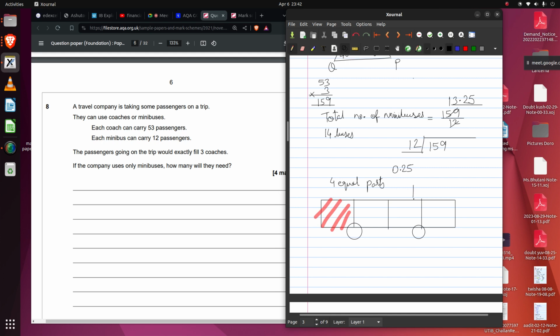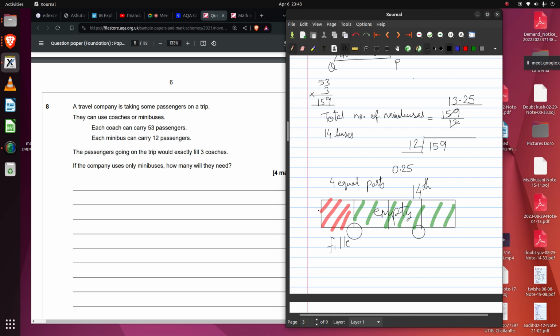Remember, this is the 14th bus. We have already considered the 13 buses and now this is the 14th bus, correct? So in the 14th bus, only 1/4 of the bus will be filled. Only 0.25 fraction of the bus will be filled. The remaining bus would be empty. Do you agree? The green part is empty, the red part is full.